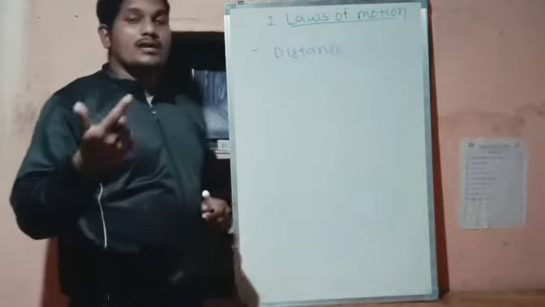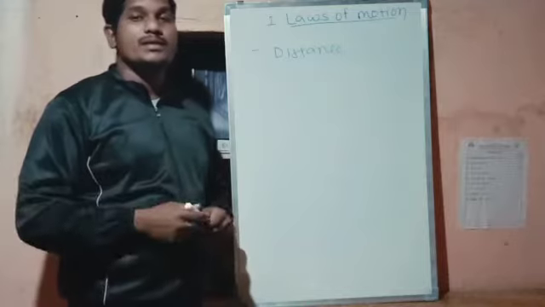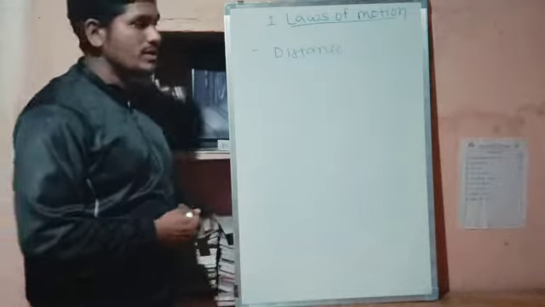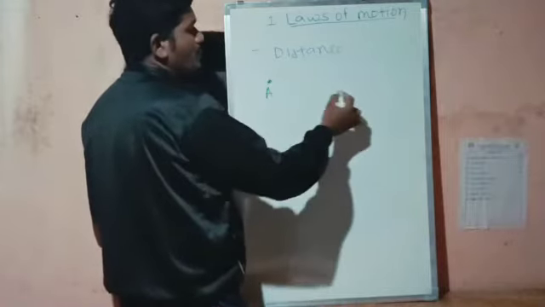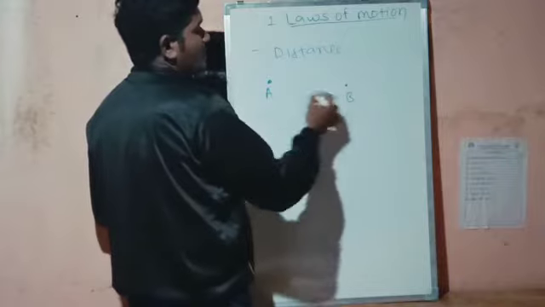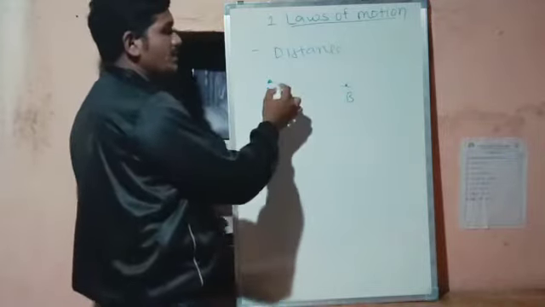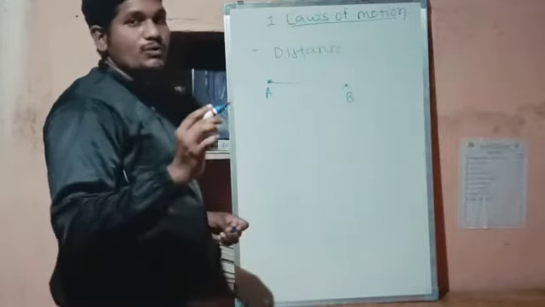Suppose I ask you the question, then you will say 5 kilometers, 10 kilometers. So that is the measurement between 2 points. I will give you an example. Suppose A is one point and B is the other point. What is the measurement between these 2 points?